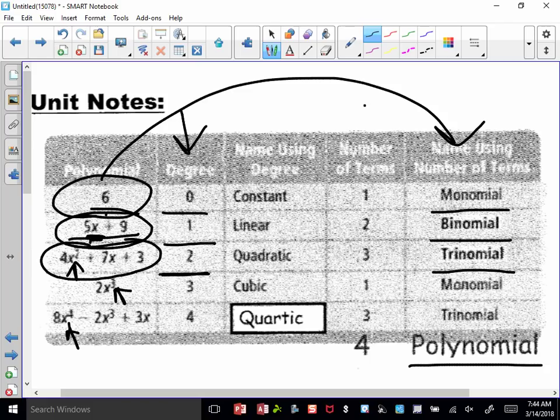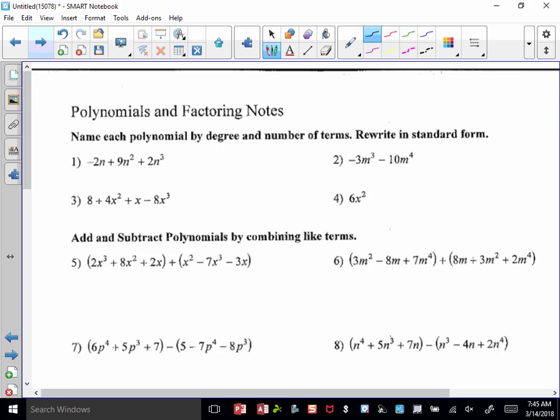So if I ask you what is the degree, then you're looking to see if there's a variable in the problem, and whatever the highest exponent is will be considered the degree. Okay, so all of that's important because you'll be asked to determine the degree and you'll be asked to name the polynomial. All right, so let's go over to this page here.